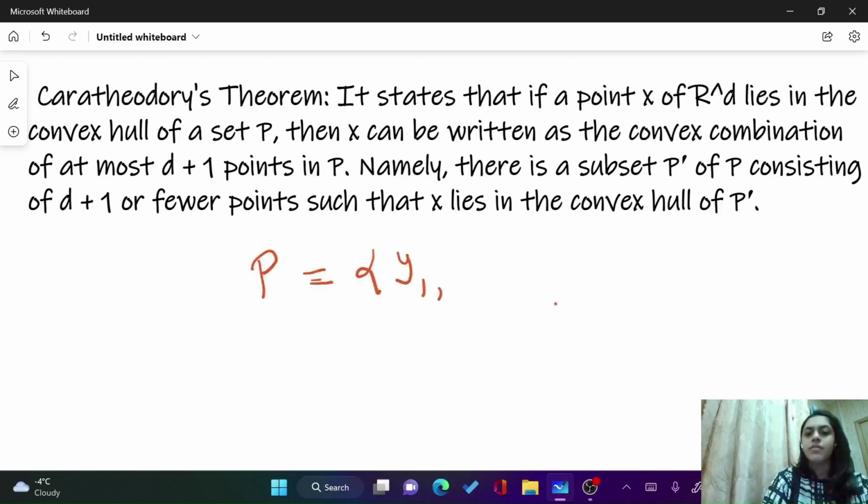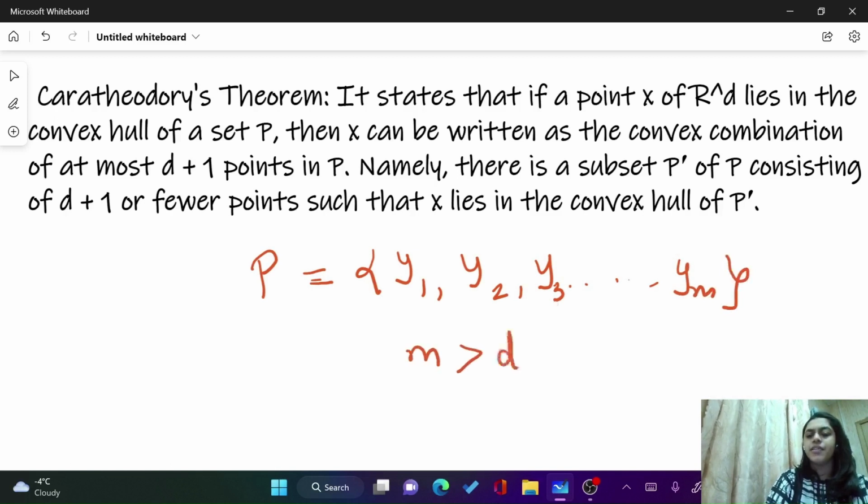So Y1, Y2, Y3, and so on till Ym, where let's say m is greater than or equal to D plus 1.